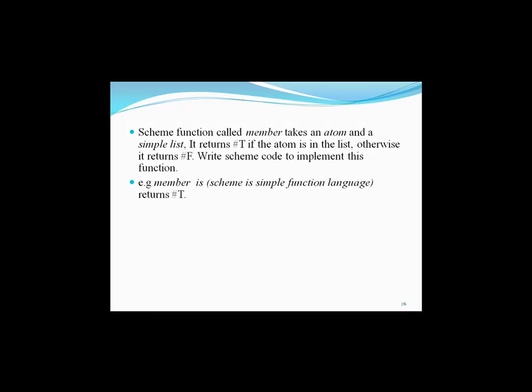Now we'll write a function called member that takes an atom and a simple list, and returns true if the atom is in the list, otherwise returns false. We use member for this function name as Scheme is a simple functional language.